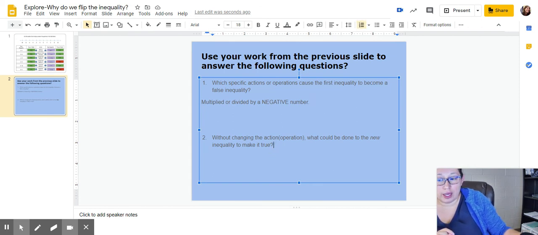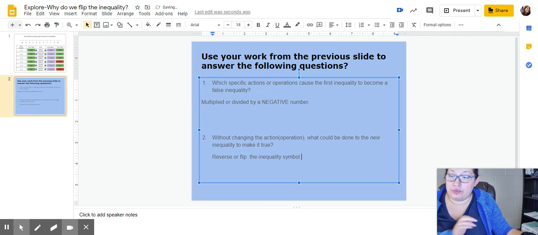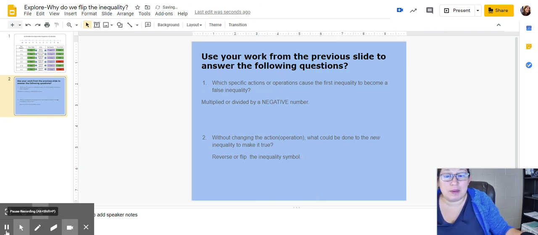And then the way to make it true, without changing the action, so still multiplying and dividing by the negative number, but to make the statement now true, we are going to reverse the inequality symbol. Okay, the title of the lesson, why do we flip the inequality? So we can say reverse or flip the inequality symbol. Let me know if you have questions.